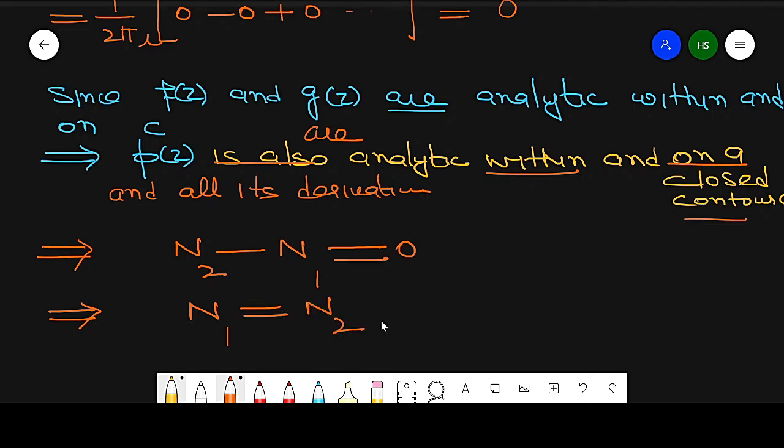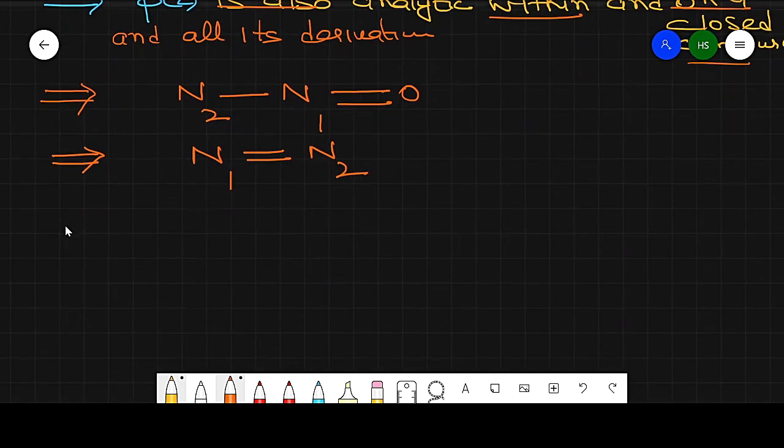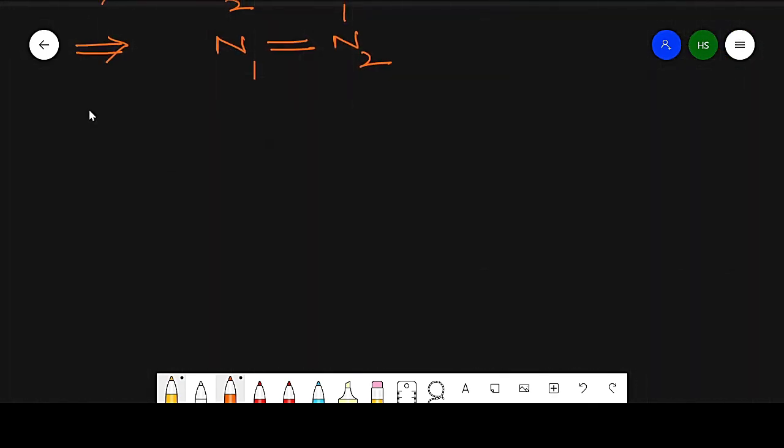So what is n1? n1 is the number of zeros of function f(z), which is equal to the number of zeros of function f(z) plus g(z).